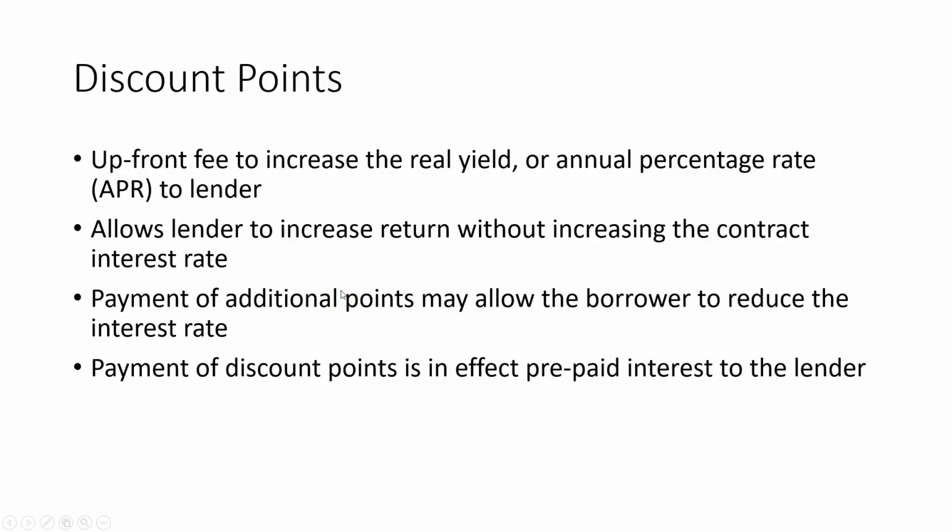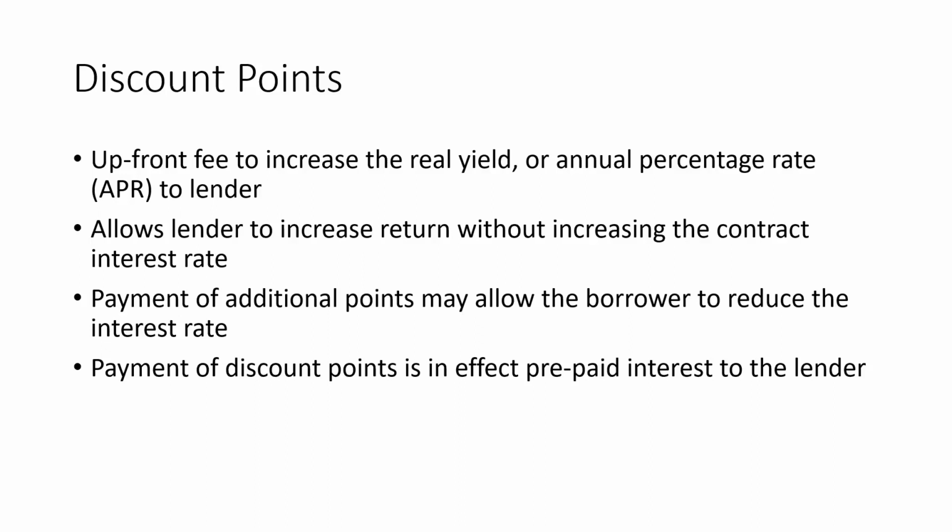Discount points are another way that lenders make money. A little bit in advance, they ask you to pay a certain percentage of the loan amount. Each point is 1%. And then that sort of goes into their back pocket, and they can lower the interest rate. And this is said to increase their yield by about 1/8 of 1% for every 1% discount point they want.